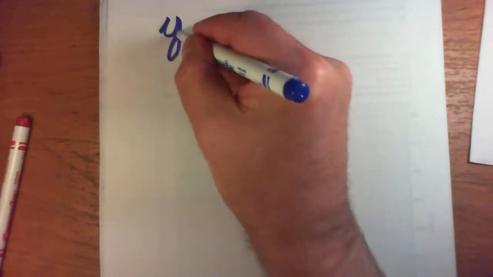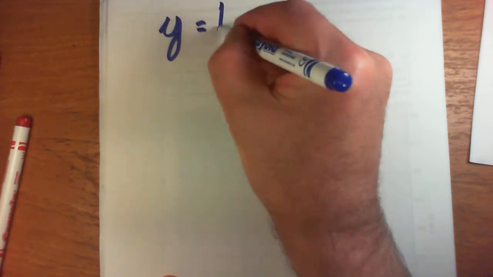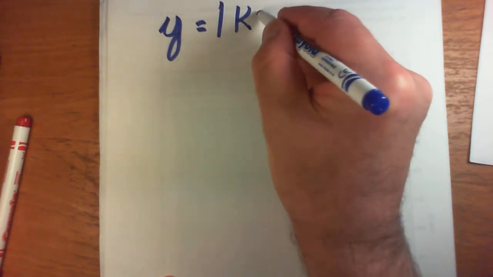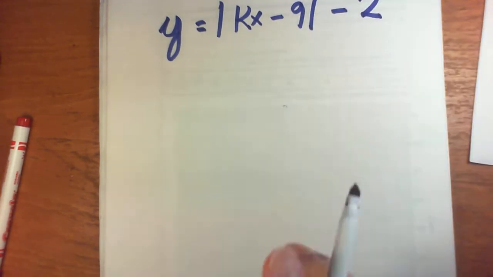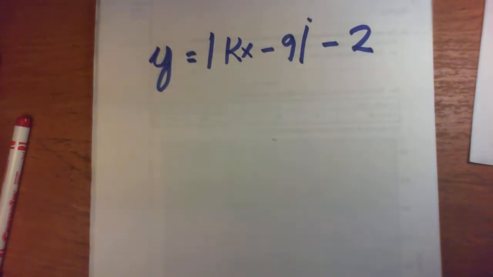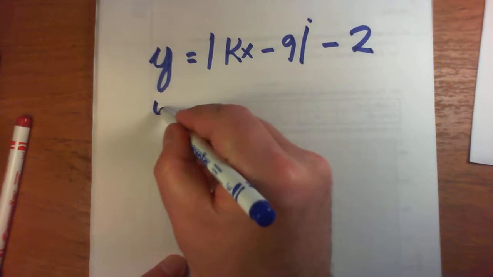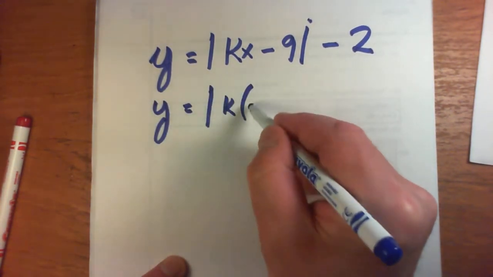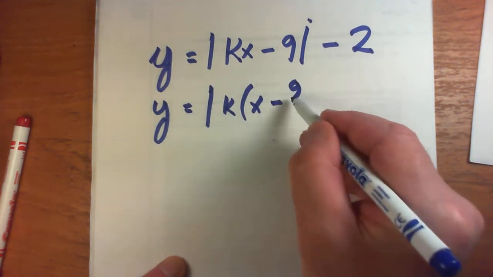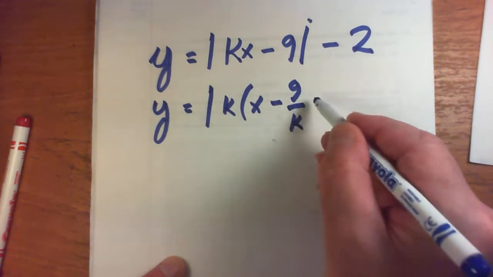So the equation we're given here is y equals, if I can just make one adjustment to that, kx minus 9 over k.